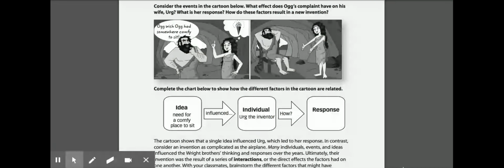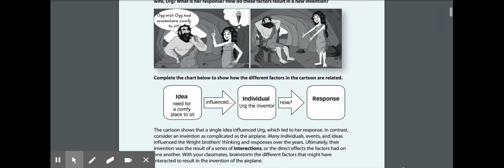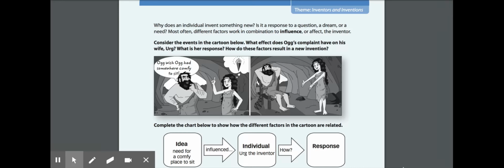So consider an invention as complicated as an airplane. Many individuals, events, and ideas influenced the Wright brothers, thinking and responding over the years. Ultimately, their invention was a result of a series of interactions, or a direct effect the factors had on one another. If you think about it, take the inventor of TikTok.